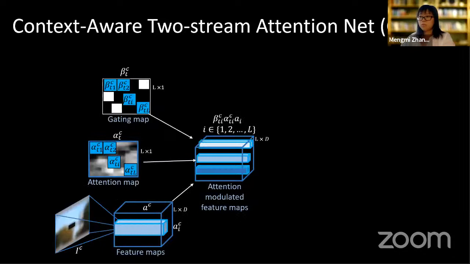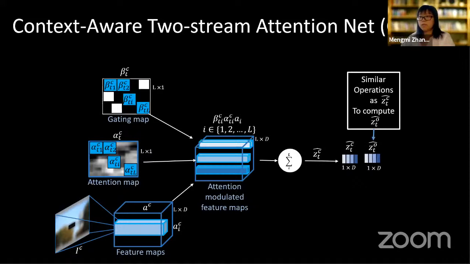Now let's zoom out from the attention module and focus on the LSTM. Here's what we get from the previous slide, which are the attention modulated feature maps. In order to get the gist of the context, CRTNet applies the soft attention mechanism to compute Z by summing over all the L locations in the image. We can then perform similar actions to get the gist of the target object.